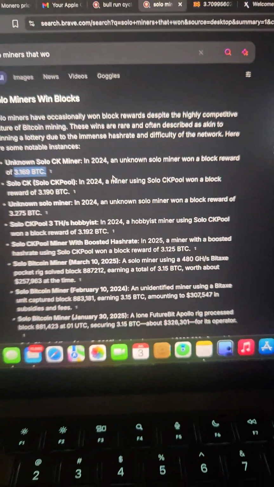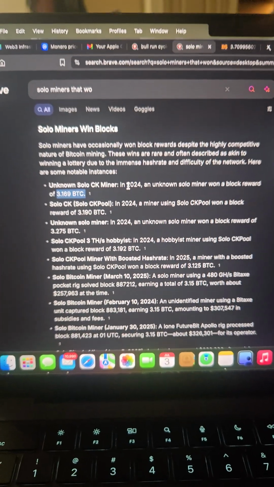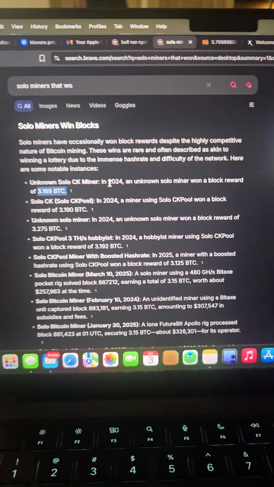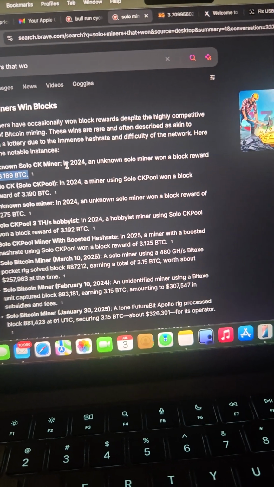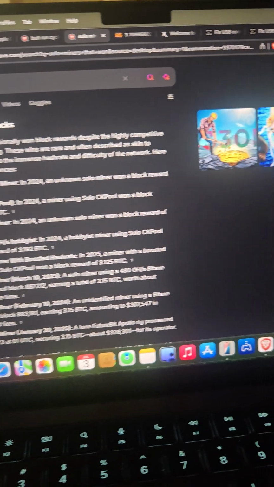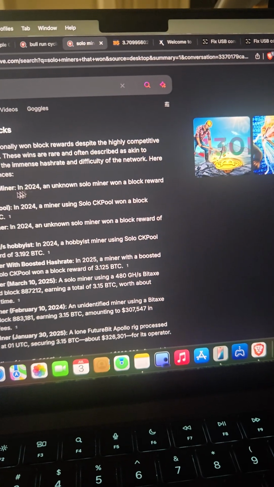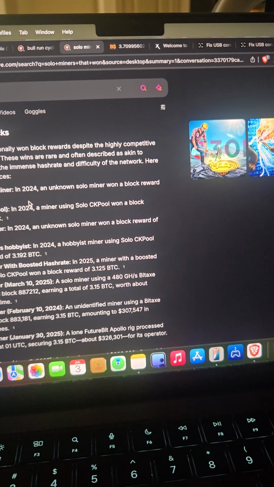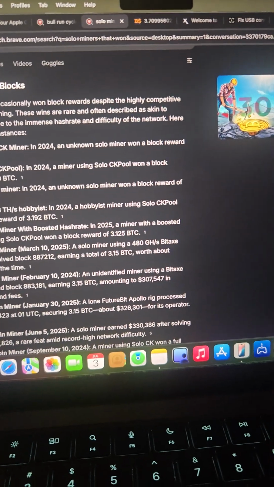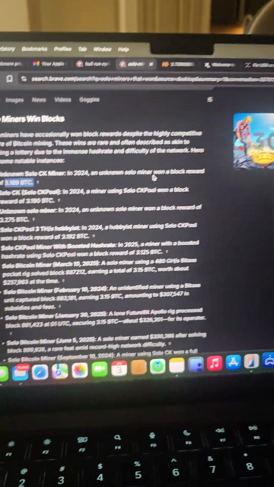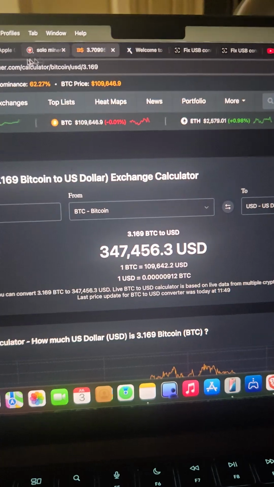Some lucky person woke up one morning and they had $300,000 in their account. Now, mind you, this was in 2024, so the price of Bitcoin was not $109,000. It was different prices in between. But the point is, they were using a device that looks similar to this.